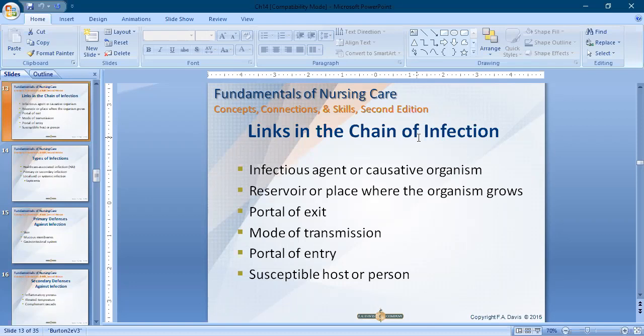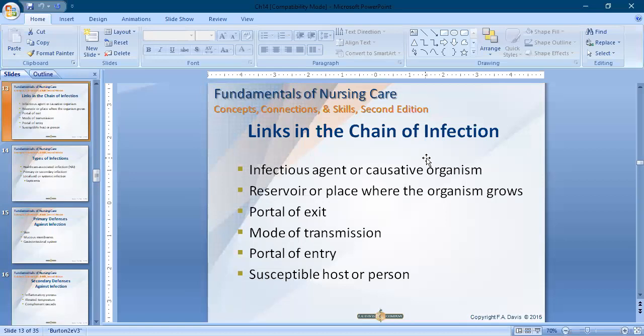The chain of infection, basically, we said the infectious agent or causative organism, the organism that causes the disease, is called the underlying cause or causative organism.